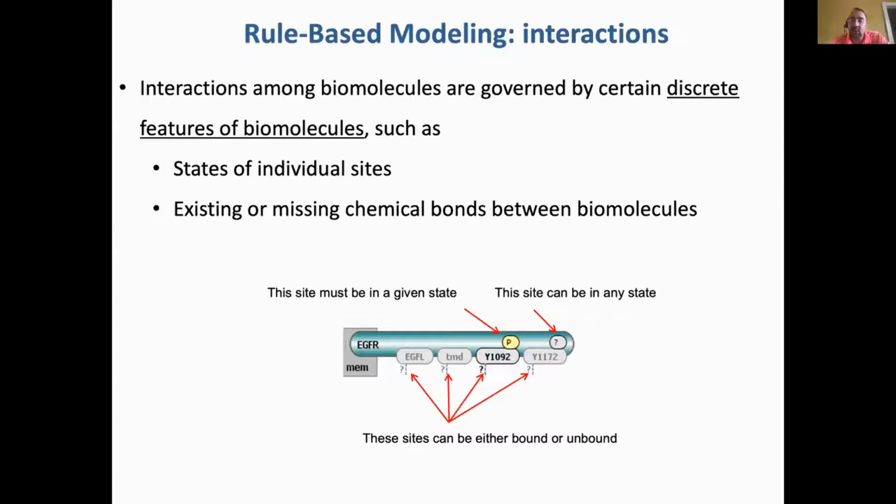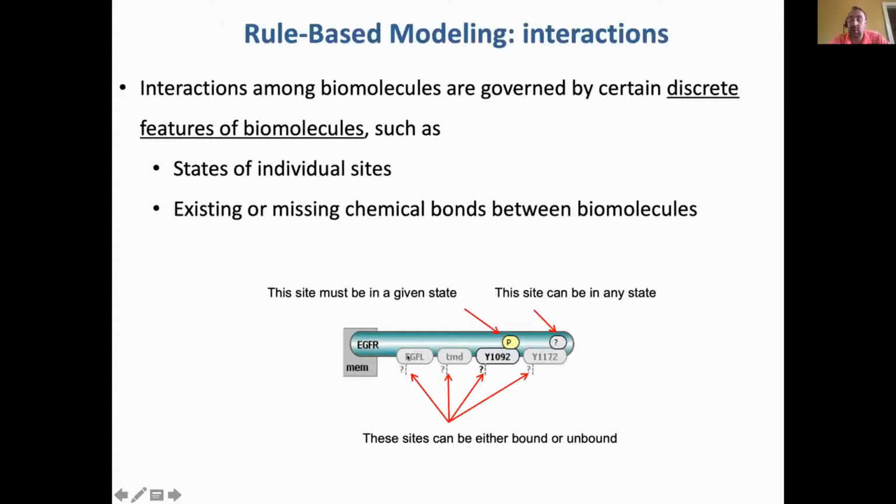And the key with rule-based modeling, which was covered a little bit yesterday in Spring Salad, is that interaction is local. You must have certain features of these biomolecules to enable interaction. For example, this is a notation for a biomolecule that is located on a membrane and that has a site, phosphosite 1092, being phosphorylated. This is a feature of this molecule. We don't know anything else about it.